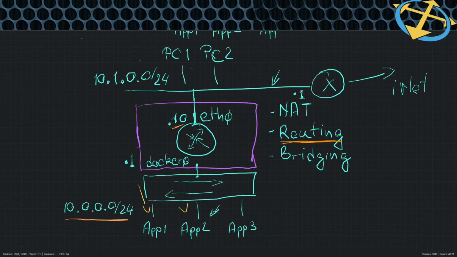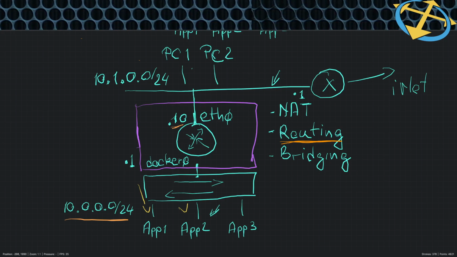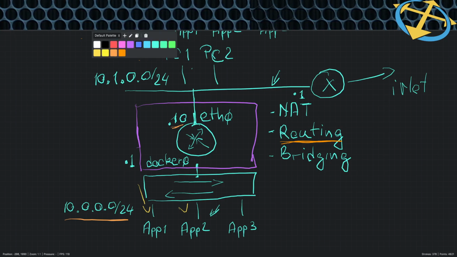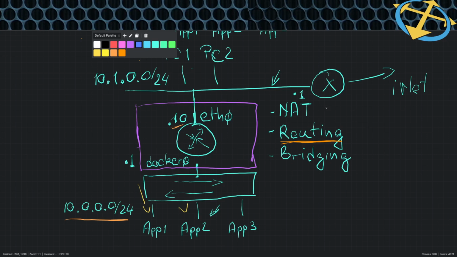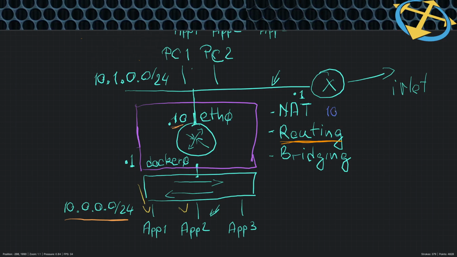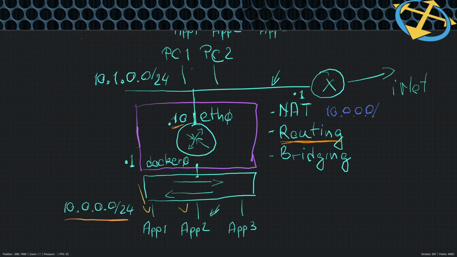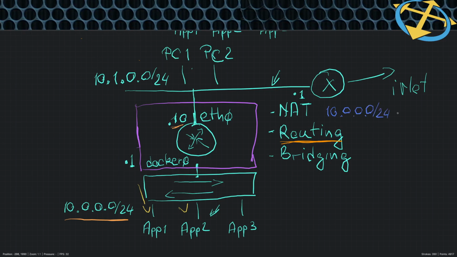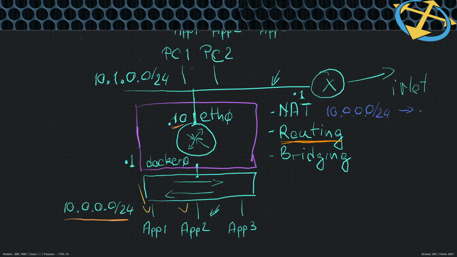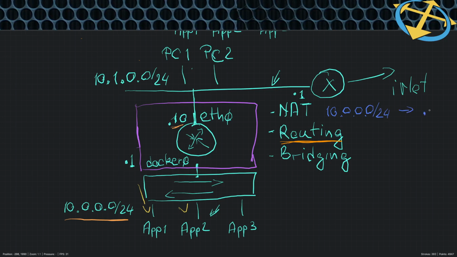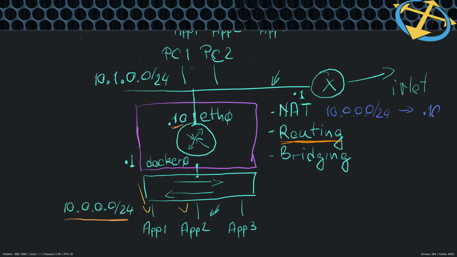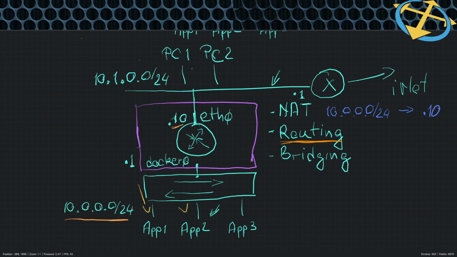So all I have to do is to configure a route here on the default gateway. I will say something like 10.0.0.0/24. My next hop is the IP with .10 from the same class, so this one right here.